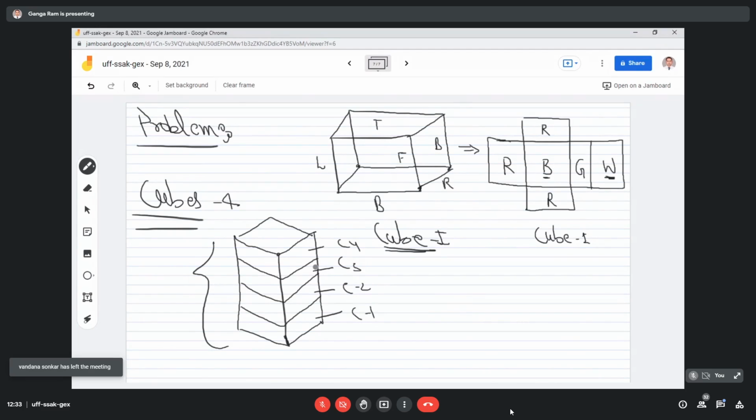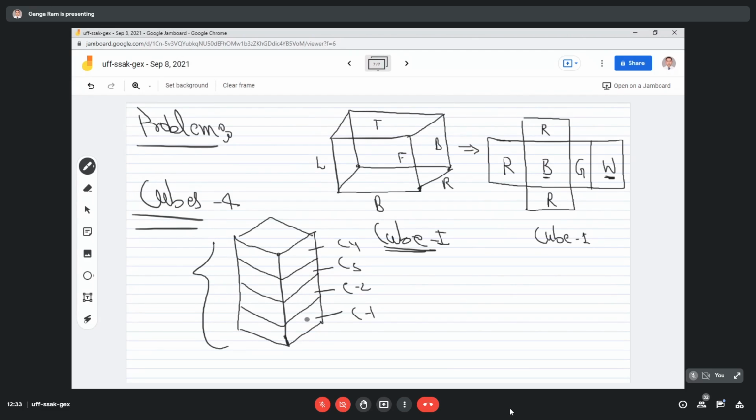It means that if we see any of the 4 sides, because this is the column formed by the 4 cubes, if you see from any direction, left, right, front or back, from each side we have different colors.